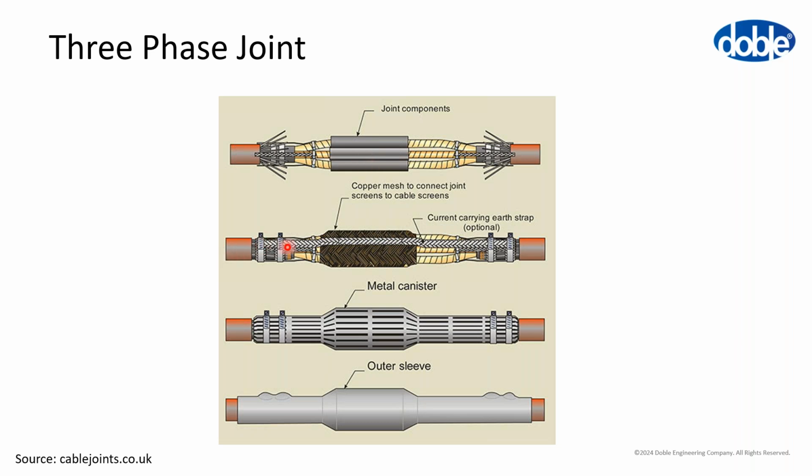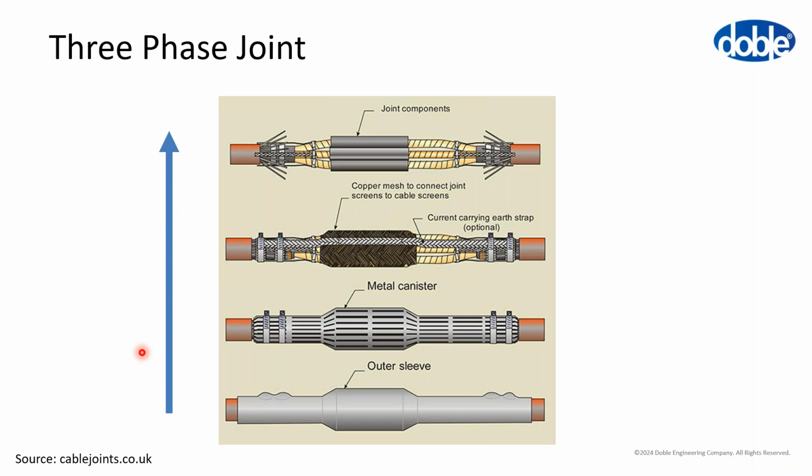Then there's going to be some kind of mesh sleeve that contains all the joints, and then a thicker earth continuity braid for carrying fault current from one side of the joint to the other. And in this case, there's a metal canister and then an outer sleeve. So there's some kind of containment to keep water out as well.